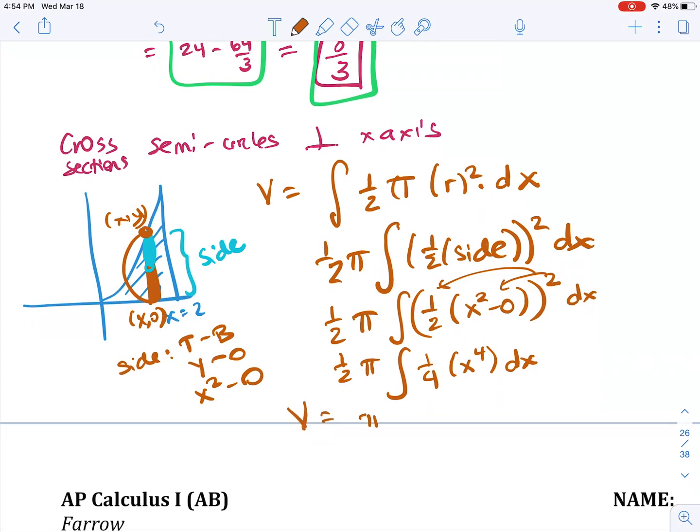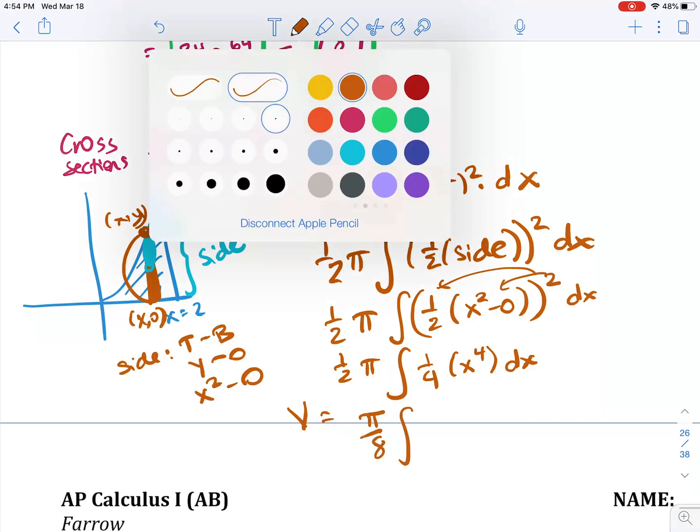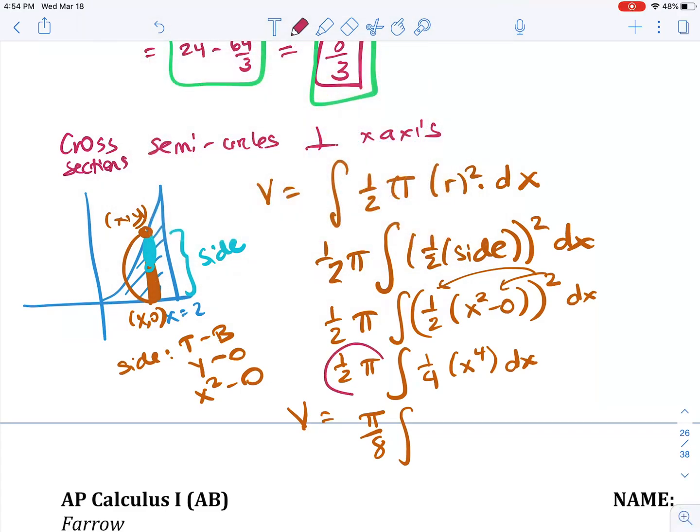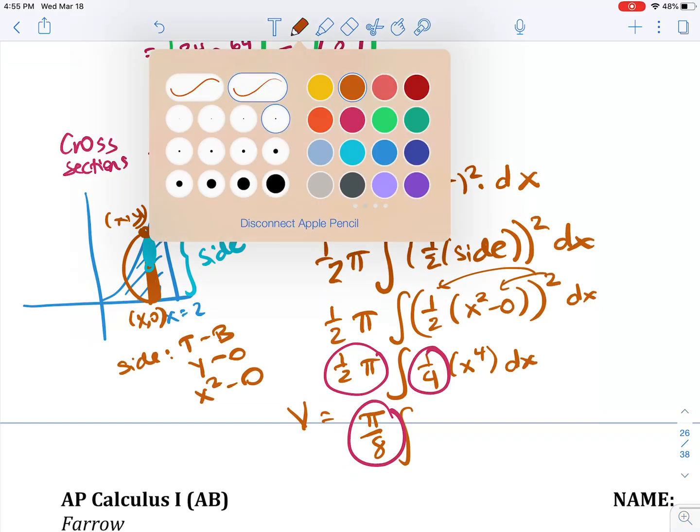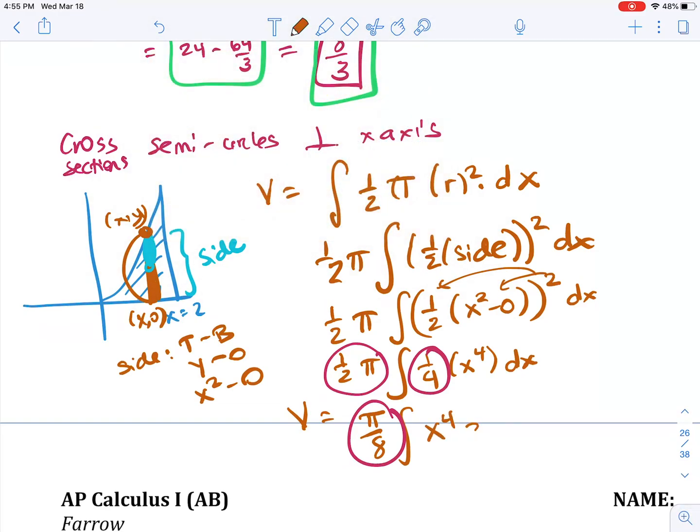What you see oftentimes on a volume with a semicircle is a coefficient outside your integral of pi over 8, and I just wanted to be super crystal clear of where that is coming from. That is 1/2 pi times 1/4. And then what I have in here is x to the 4th dx. So I definitely wanted you to see that.